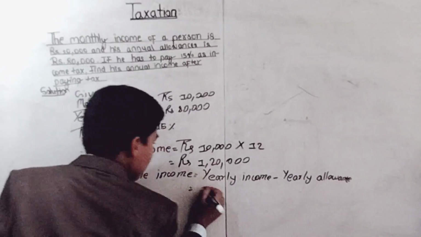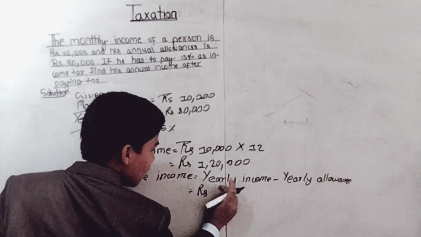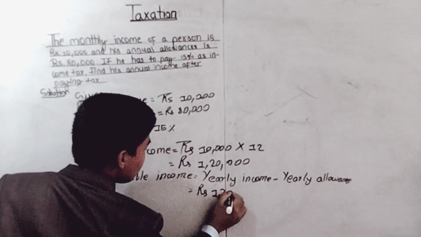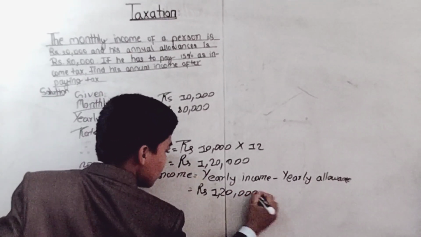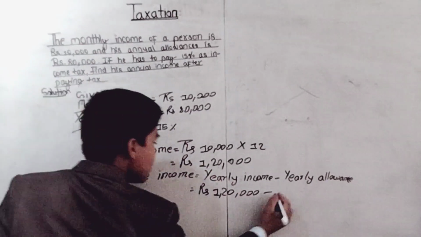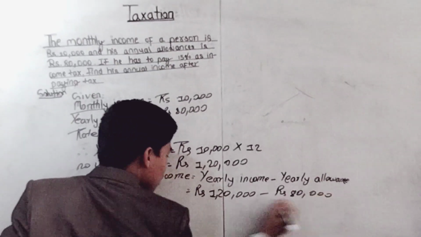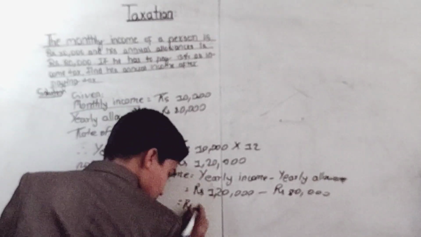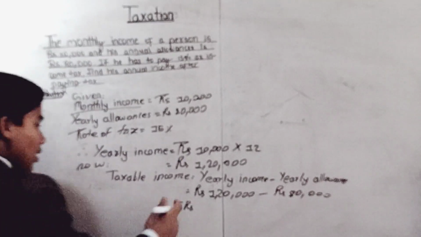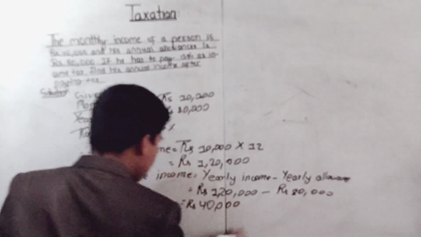So let's subtract. Our yearly income is rupees 1,20,000 minus our yearly allowance, which is rupees 80,000. Now when we subtract it, we will get 40,000.